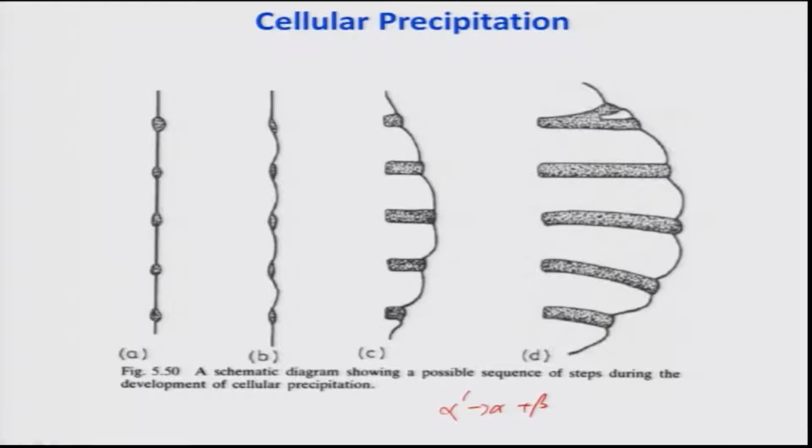As the precipitate grows it requires solute, so it is obvious the grain boundary will act as a short circuit path for the diffusion of the solutes, and the more the solute partitioning, the more the growth.